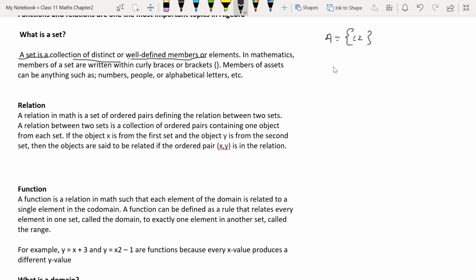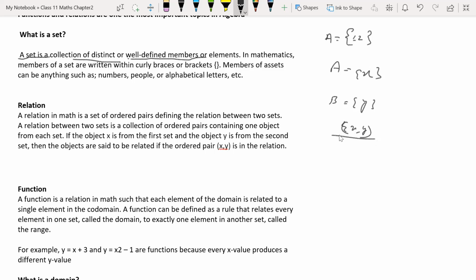Let A equal X and B equal Y. If the object X, or the element X, or the member X, is from set A, and object Y is from set B, then the objects are said to be related if there is an ordered pair (X, Y).